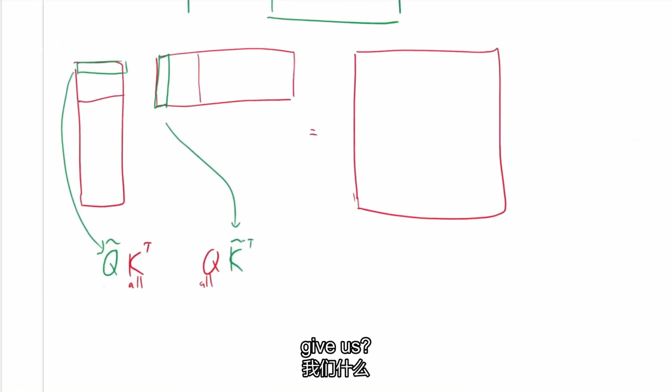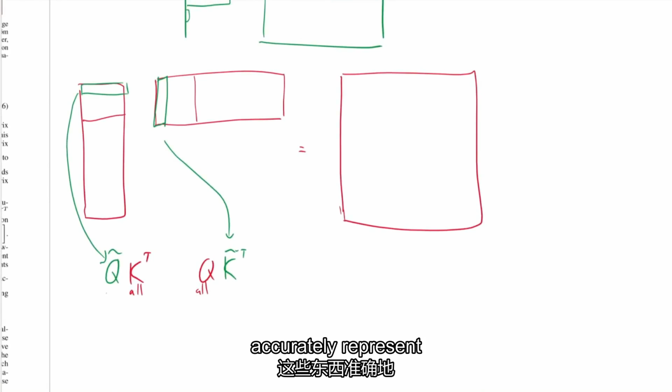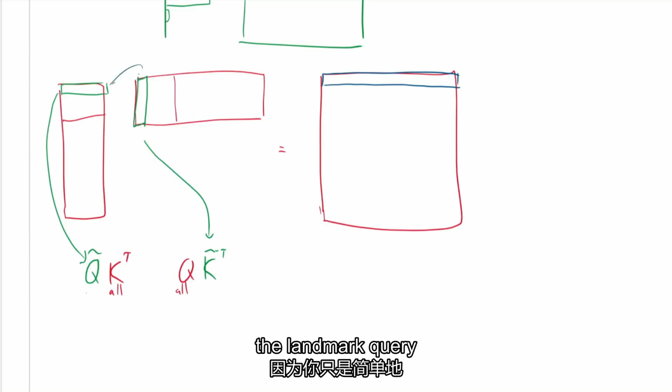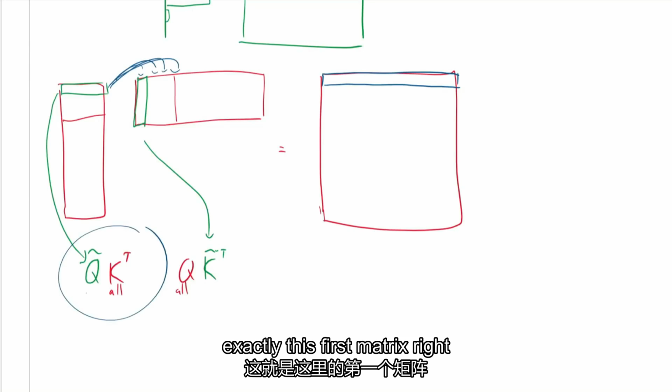So what does this give us? What can we accurately represent with these things? Well, if we have 1 query with all the keys, we can accurately represent this first row of the matrix right here. I hope you can see that, because you simply take the landmark query and you calculate its inner product with all of the keys, which is exactly this first matrix right here.